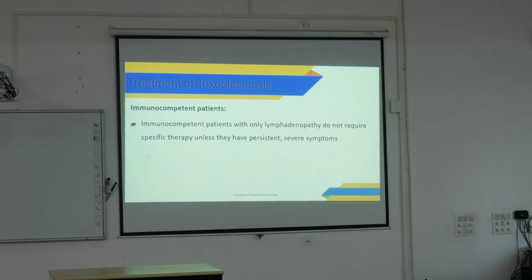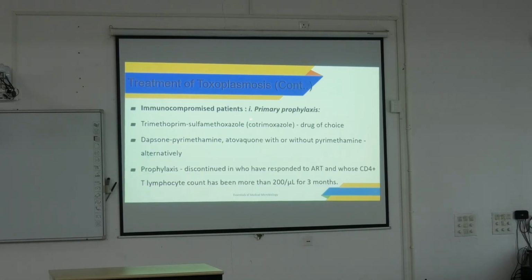Treatment of toxoplasmosis: in immunocompetent patients with only lymphadenopathy, no treatment is required. In immunocompromised patients, primary prophylaxis is cotrimoxazole, the drug of choice, or dapsone, pyrimethamine or atovaquone with or without pyrimethamine alternatively.